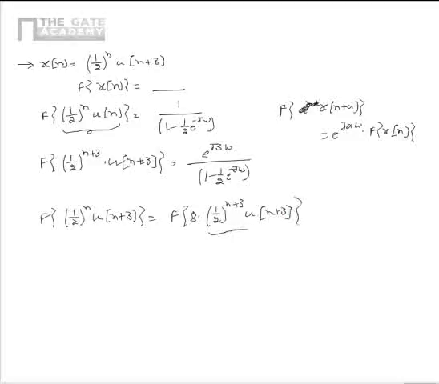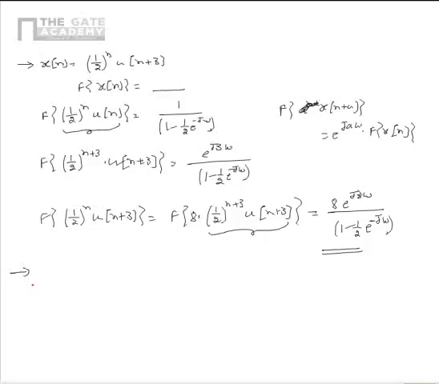We have already written down the Fourier transform of (1/2)^(n+3) u[n+3]. So finally the answer becomes 8 e^(j3ω) divided by (1 minus 1/2 multiplied by e^(-jω)). So this is the Fourier transform of the given signal x[n].